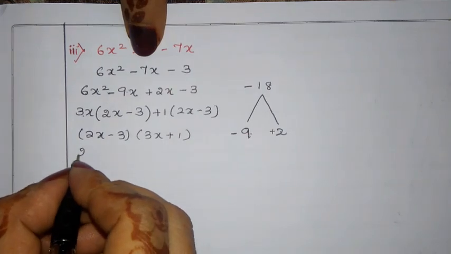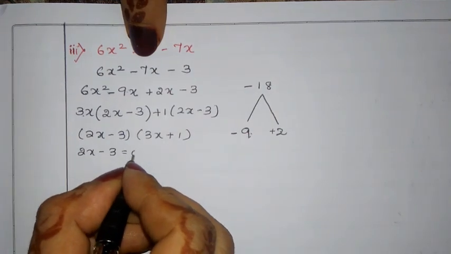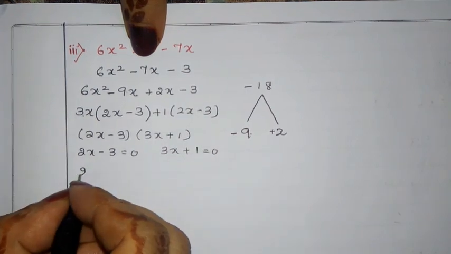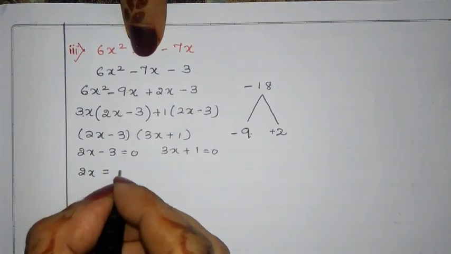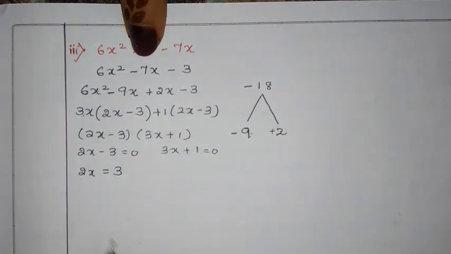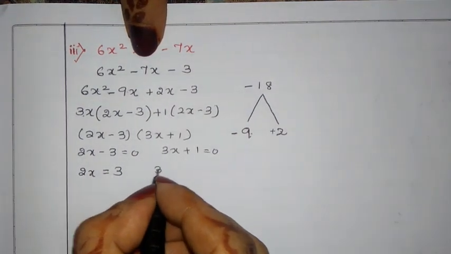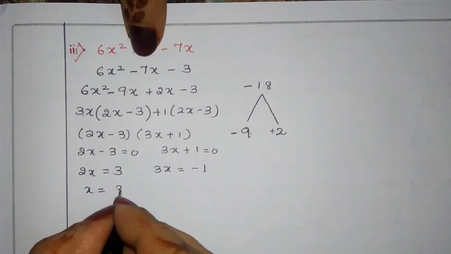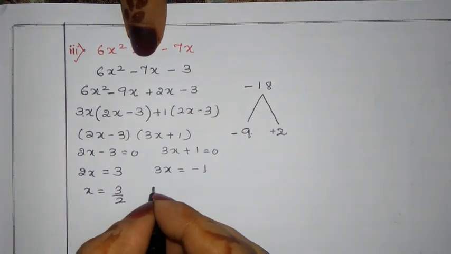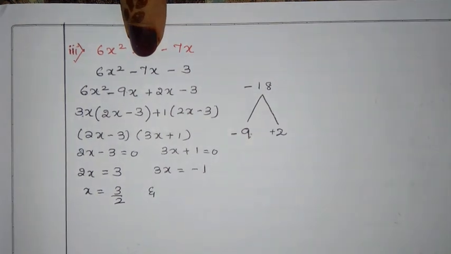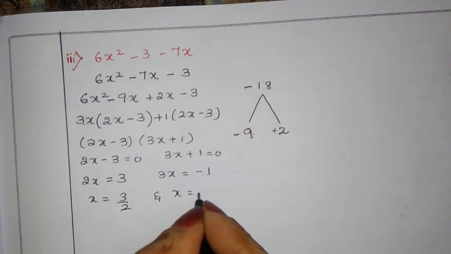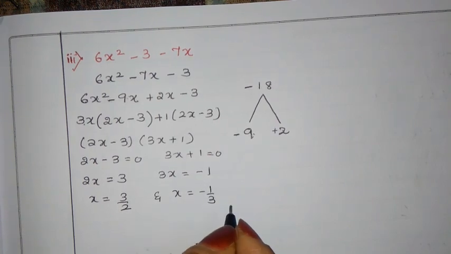So 2x minus 3 equal to 0, 3x plus 1 equal to 0. 2x is equal to minus 3. If we take it to that side, it becomes plus 3. And 3x is equal to minus 1. x is equal to 3 by 2, and x is equal to minus 1 by 3.